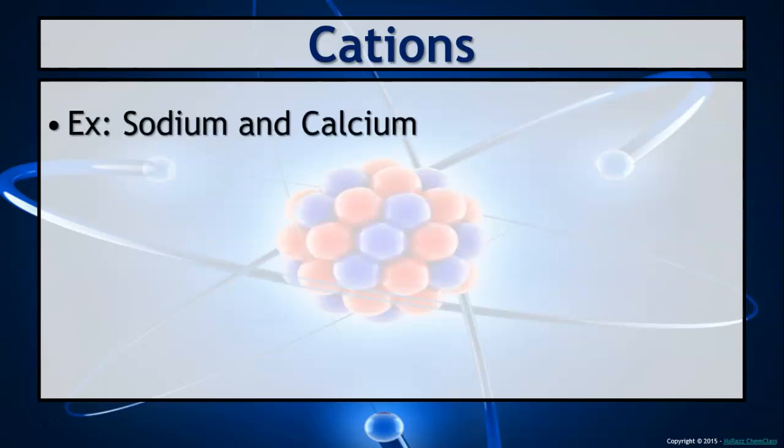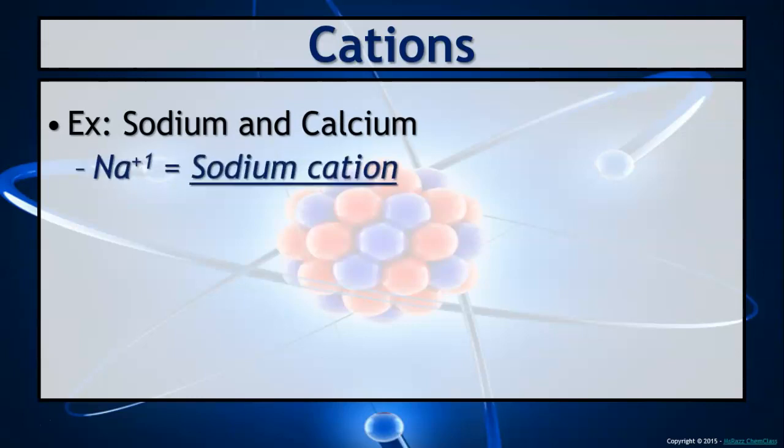All right, a couple of examples of atoms that form cations would be sodium and calcium. A possible sodium cation would be written as Na, the symbol for sodium, and then a little +1, which shows us that that particular sodium atom has a +1 charge. It has one more proton than it does electrons.